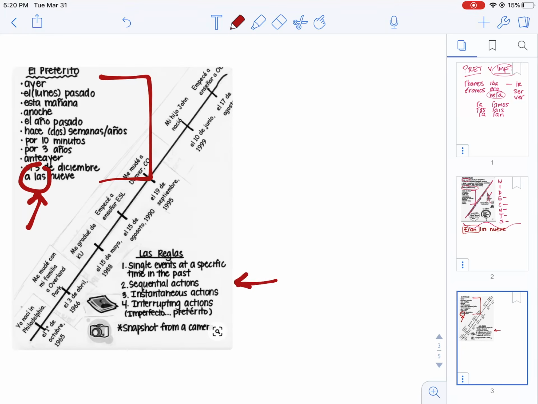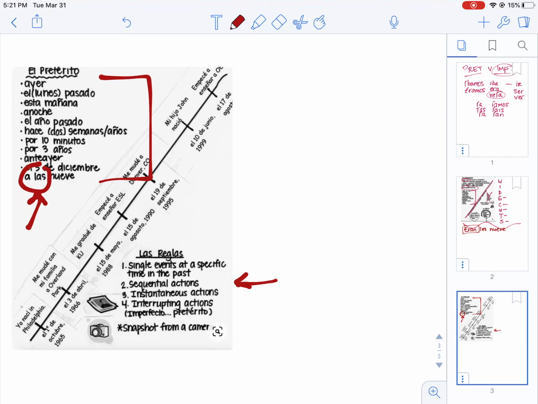So what are sequential actions? Those are actions that they're over. So I got up, I brushed my teeth, I took a shower, right? Those are events that go one, boom, boom, boom. Those are sequential events. I got home, I fed the dog, I did my homework. Those are sequential events. Instantaneous actions, like I said, I was recording a video when my friend jumped out of the bushes.